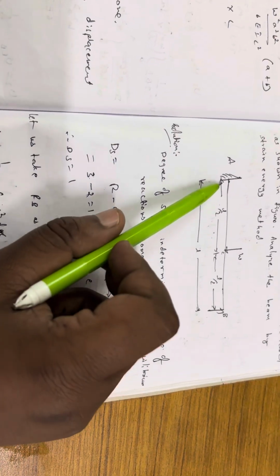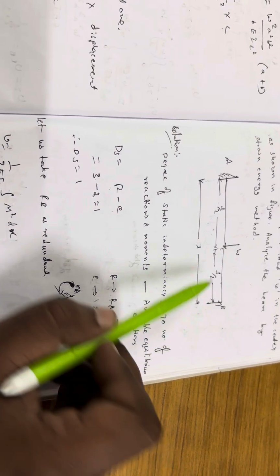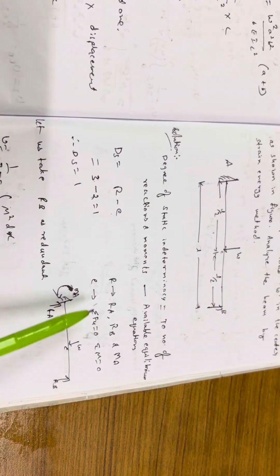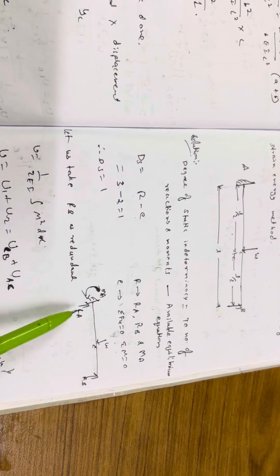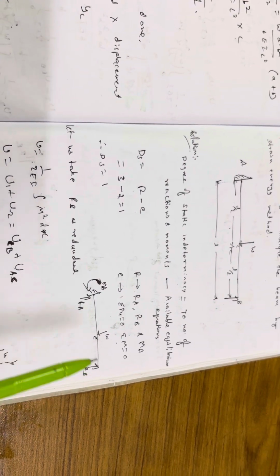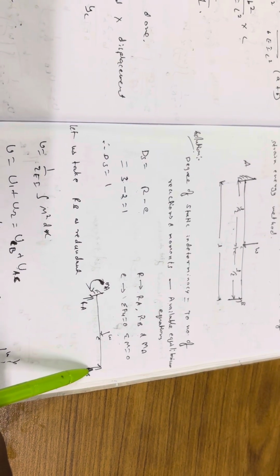Va, Vb, and the moment at A, with equilibrium equations sigma Fy equal to 0 and sigma M equal to 0. Out of these three we need to select one reaction as redundant. Let us choose Rb as redundant.